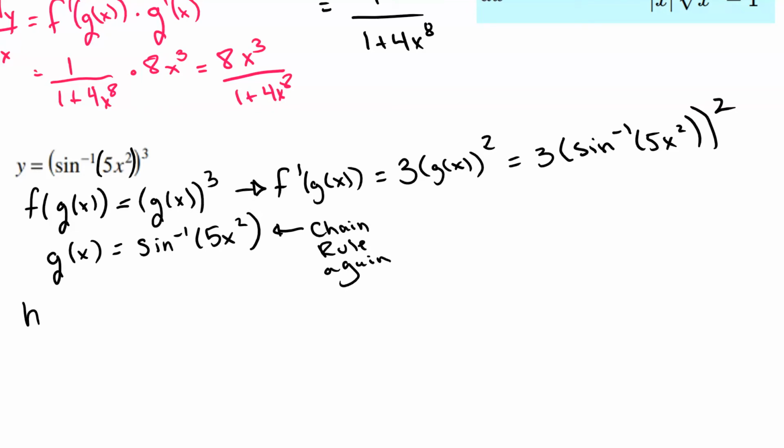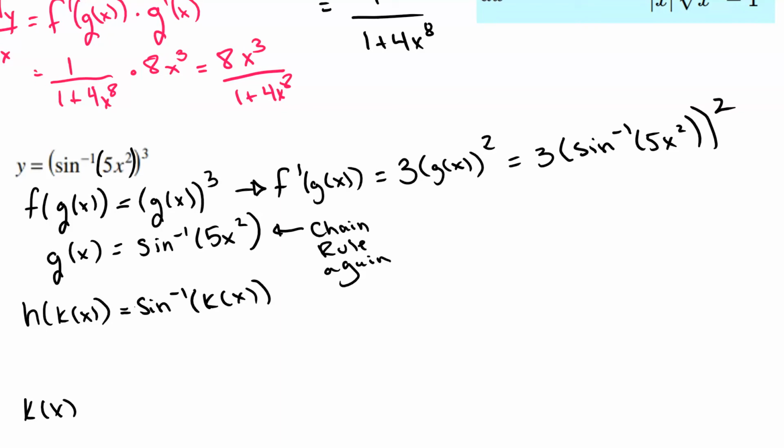So my outside function is the inverse sine. My inside function is that 5x squared. If you want to do this again with f and g, that's fine. I just think that might get confusing for some of you, so I'm trying to avoid that confusion right now.